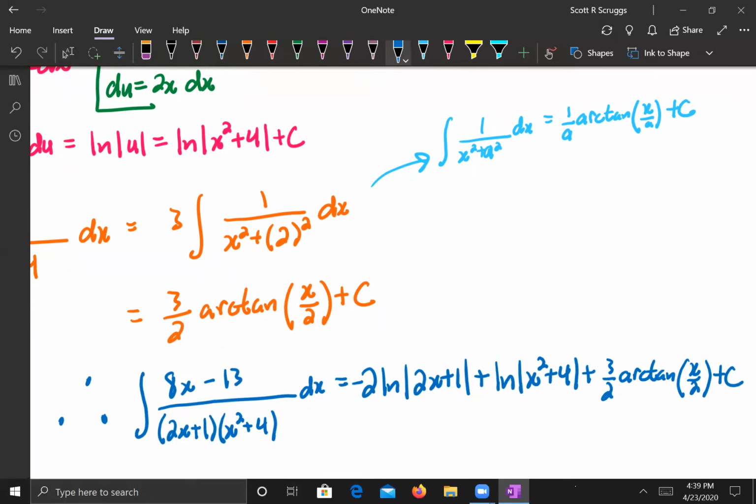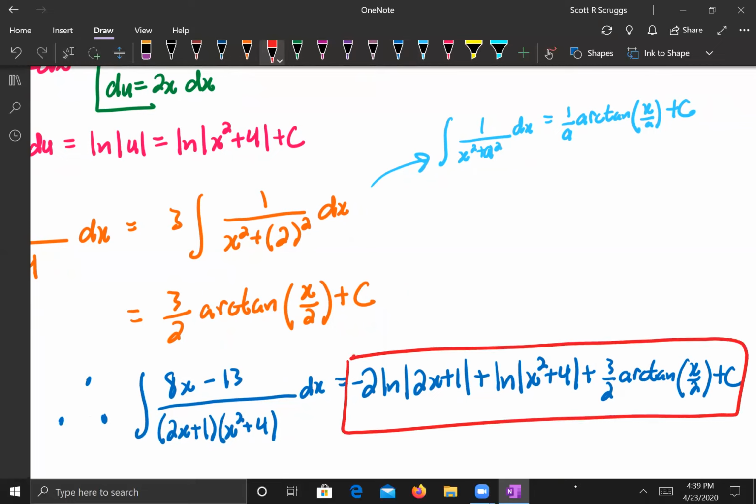And that is a very long problem to do, but that will finish our problem.